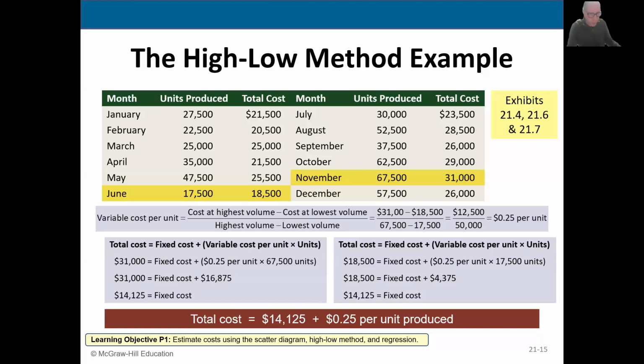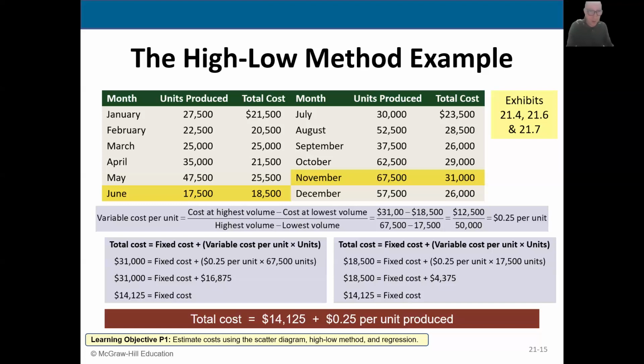It's 25 cents per unit. We take that 25 cents per unit and we multiply that at both the high level and the low level. We do it separately. So 25 cents per unit times 67,500 at the high gets me $16,875.